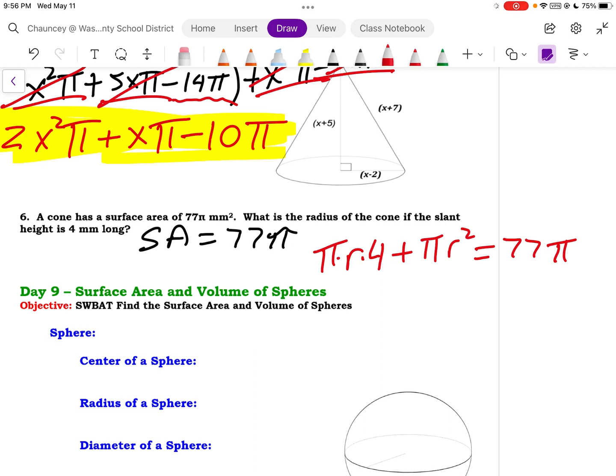So if we put these together, and if you guys remembered standard form, that is the easiest way to do this.